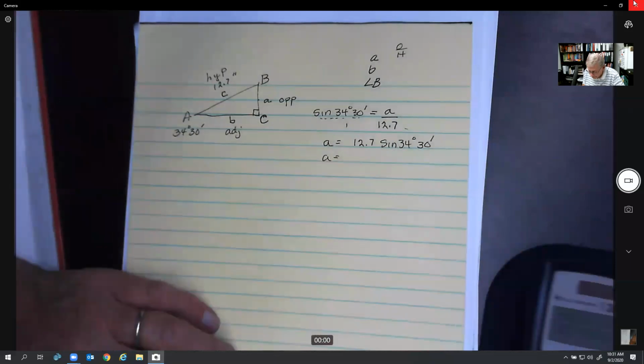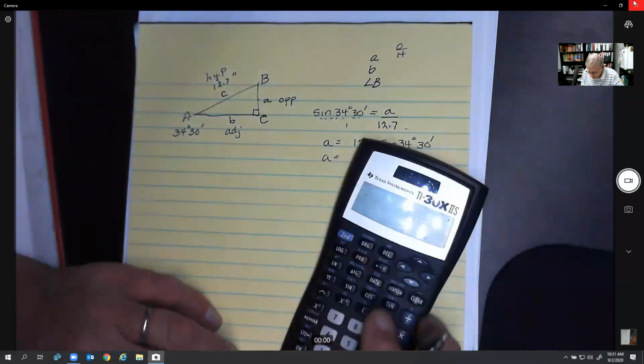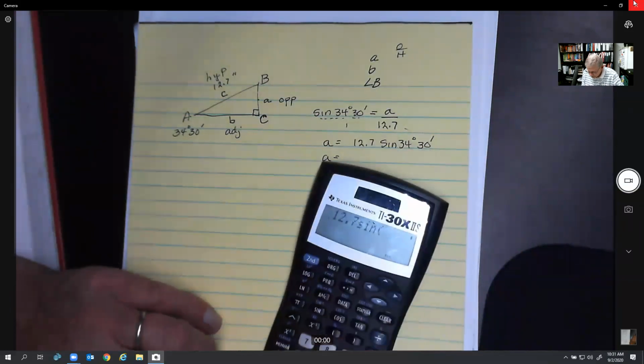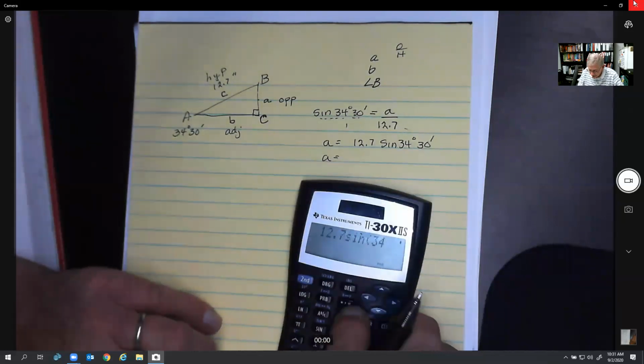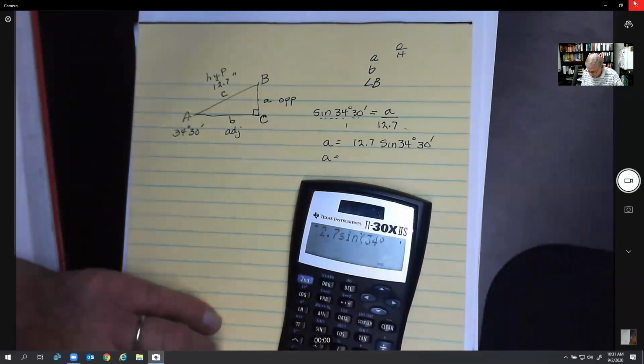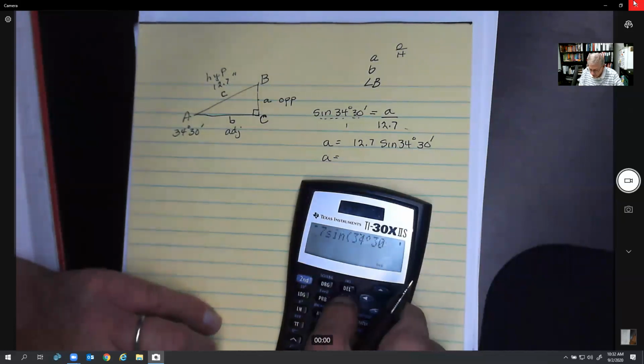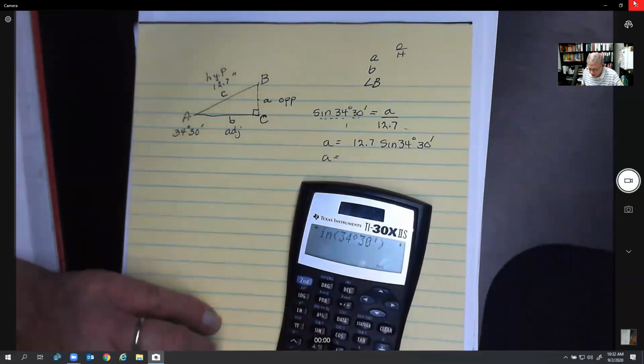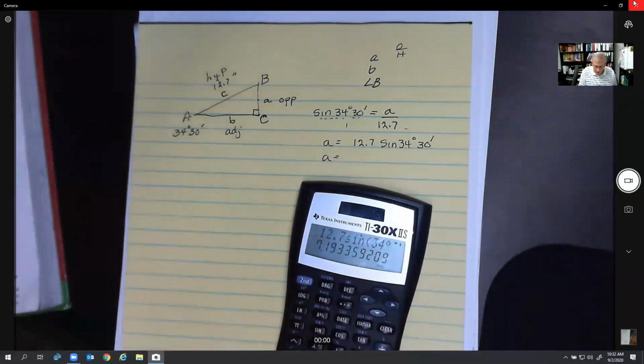Let's try it. Clear. 12.7 sine 34, and now let's go to degrees, equals, and 30 minutes, 30, let's go to minutes, slide it over, equals, close the parentheses, equals 7.19.